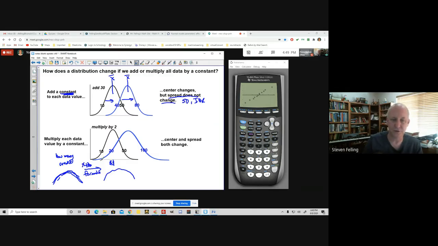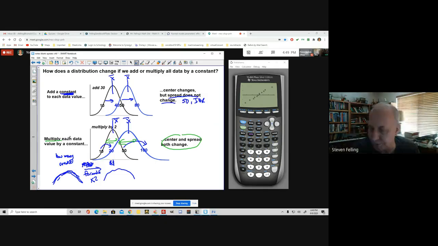On the other hand, if you did something where you multiplied by 2, so let's say that I multiplied everything by 2, I doubled everything in this distribution to get this distribution, like this 10 doubles to 20 and this 50 doubles to 100, then you can see not only does the mean change, right, but also the standard deviation, which is a different color, the standard deviation is getting wider, right? So everything changes when we multiply, okay?